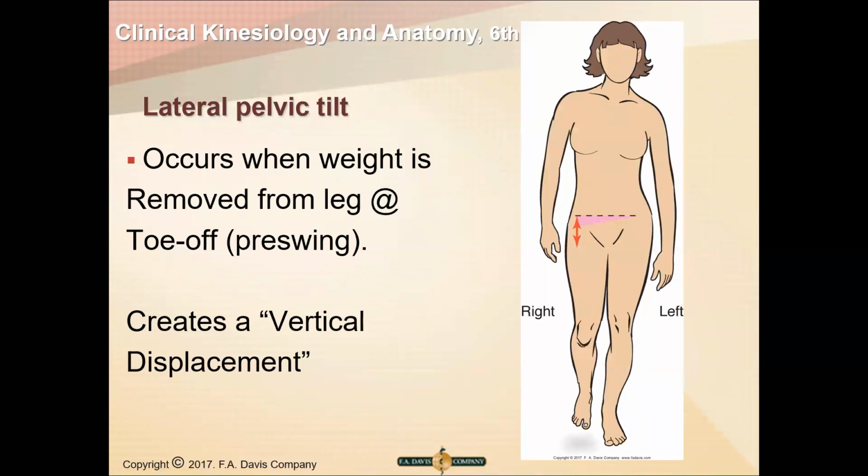Pelvic tilt. This person's kind of disturbing looking. Pelvic tilt occurs when one of the legs is removed, right? Typically during pre-swing. It causes a vertical displacement of the pelvis. What muscle is really important here for pelvic tilt, specifically lateral pelvic tilt during gait? What's the big muscle?